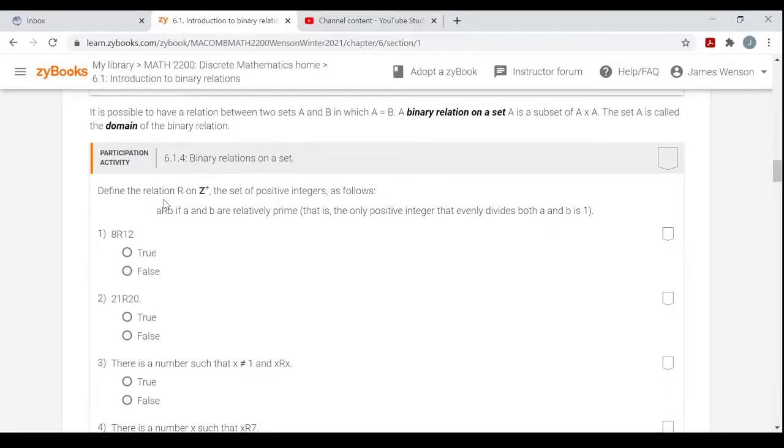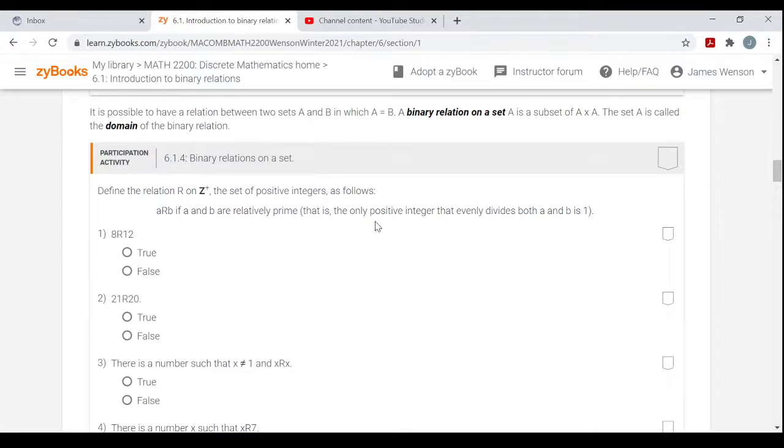So define the relation R on the positive integers. Now when they say relation on a set, that means both sets, the domain set and the target set, are the positive integers. As follows: one positive integer is related to another positive integer if A and B are relatively prime.